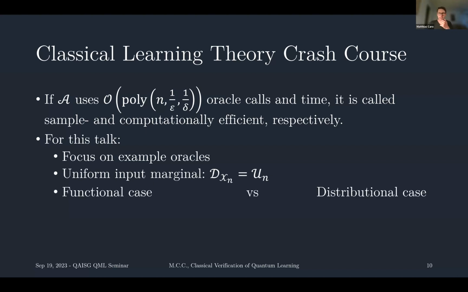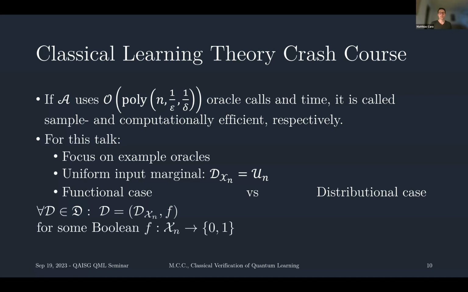And then finally, in my speaking, I'll make a distinction between functional agnostic learning and distributional agnostic learning. So here, functional simply means there is a function that describes the data. In formulas, for any distribution in the class, we can write it as the input marginal and then some deterministic function that maps n-bit strings to a single bit. Notice that this means if I give you the input, the label is determined, and you have to figure out what the correct label is.